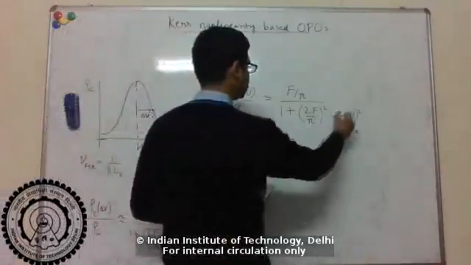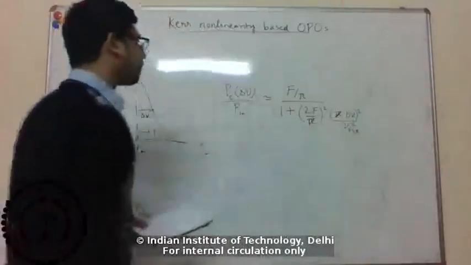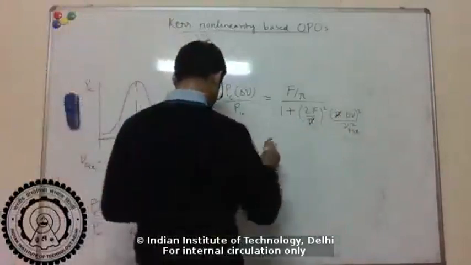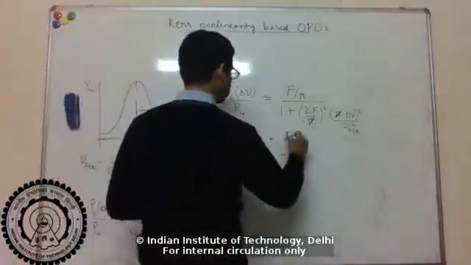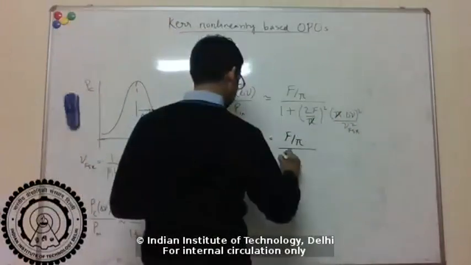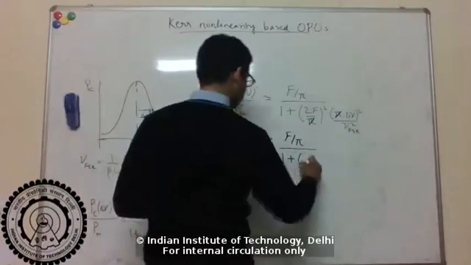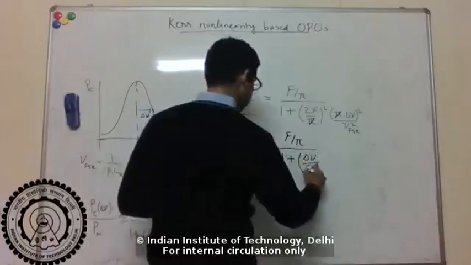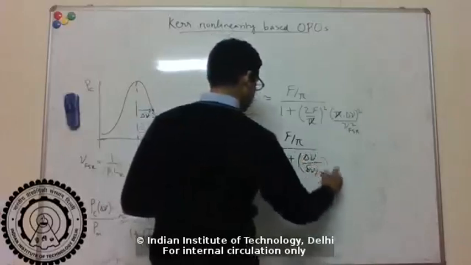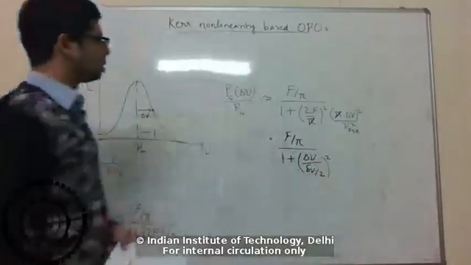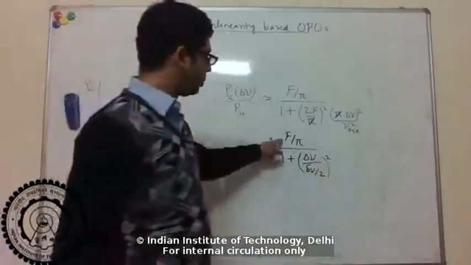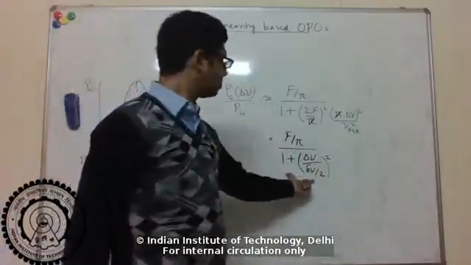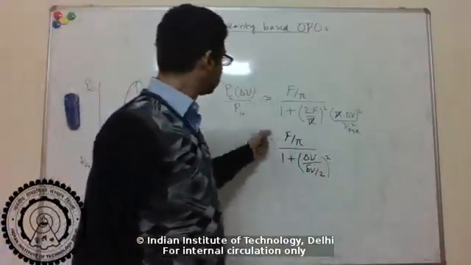This pi is also cancelled out. And so basically what you're left with is this sort of line shape, which should be familiar. So this is a Lorentzian line shape, right?